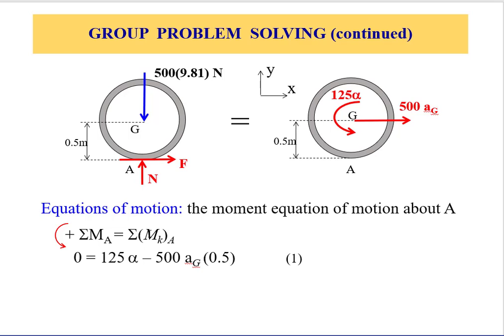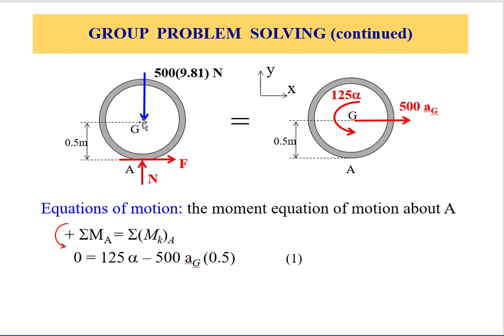Now you can choose any point. Let's see what is the best way to start. I'm looking at a relation between alpha and AG because I'm not interested in N or in the force calculation.